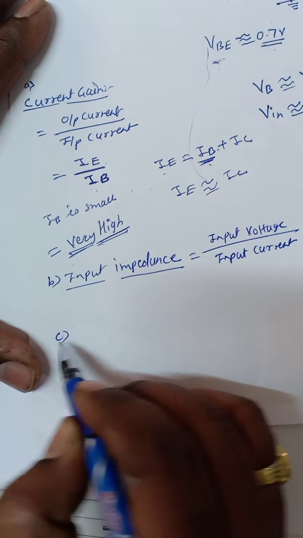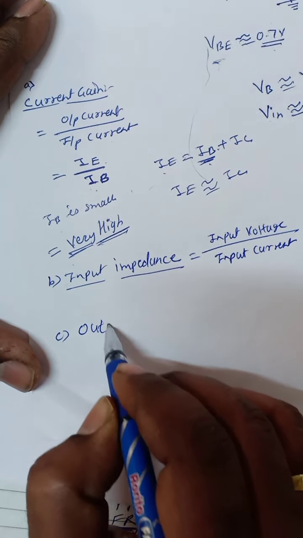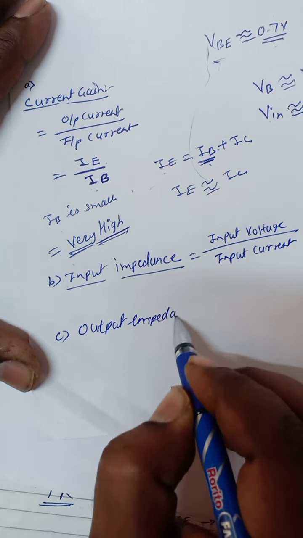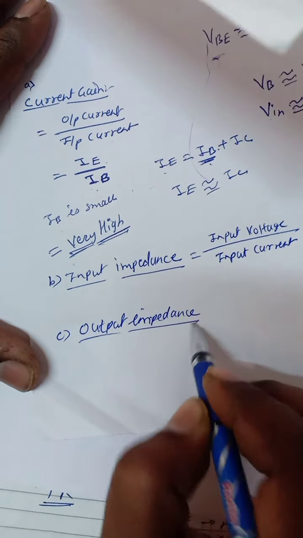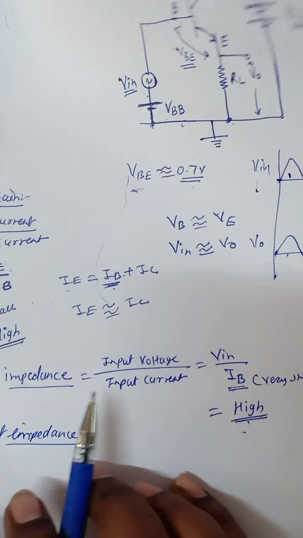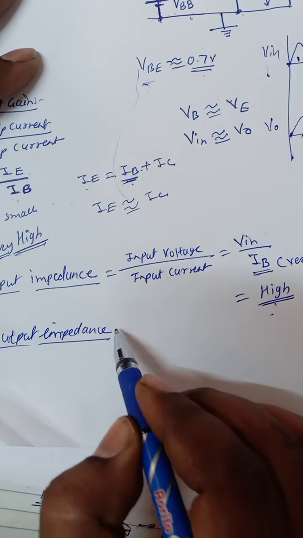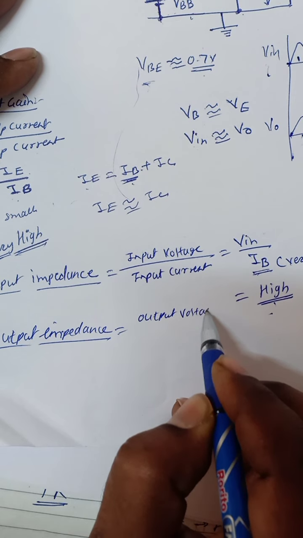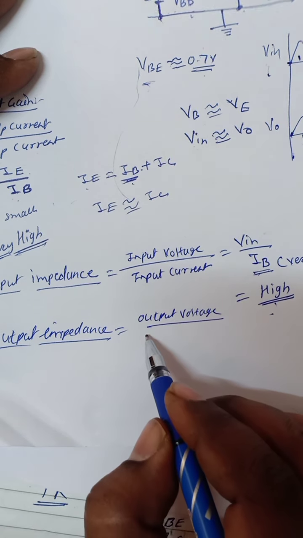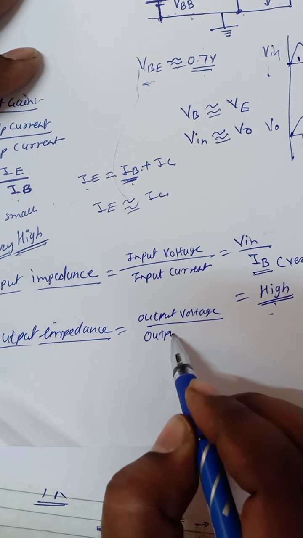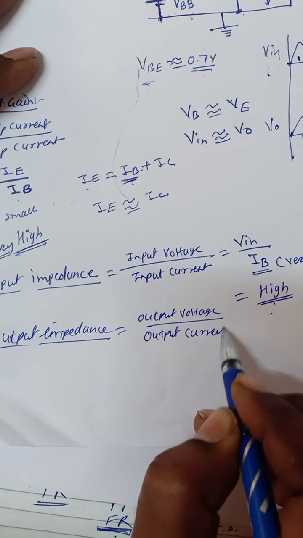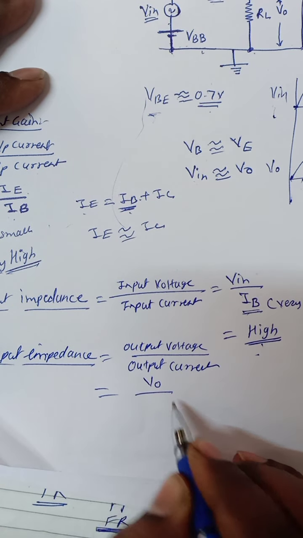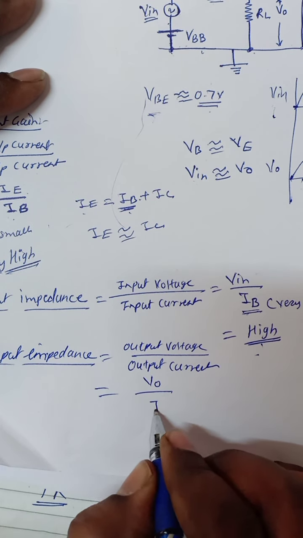The third one is output impedance. Output impedance means output voltage divided by output current, and the output current is IE.